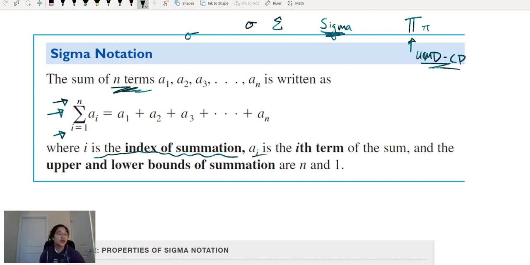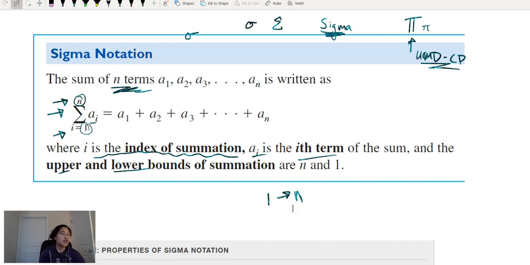A sub i is the ith term of our sum, our upper bound for our summation is n, and our lower bound is 1. So we're going from 1 to n in our counter for our terms, which are denoted with these little subscripts.